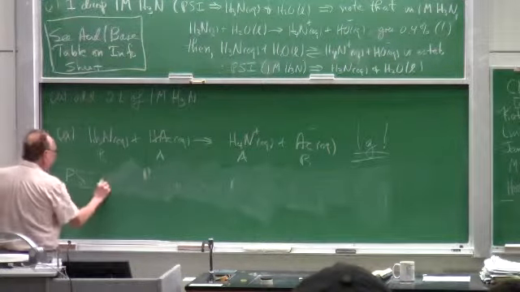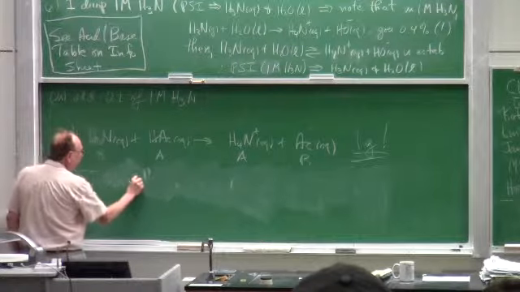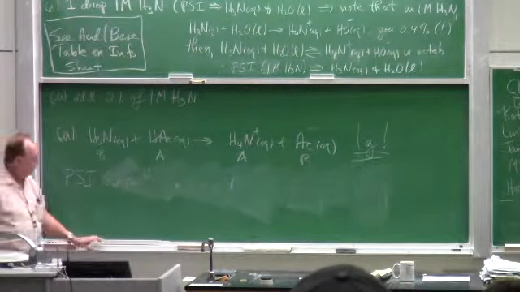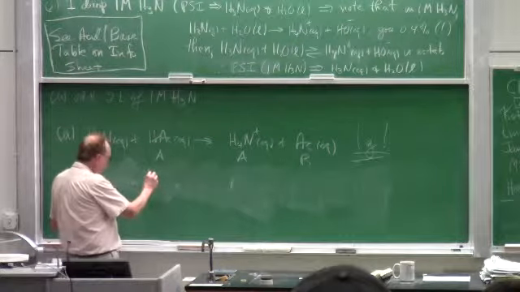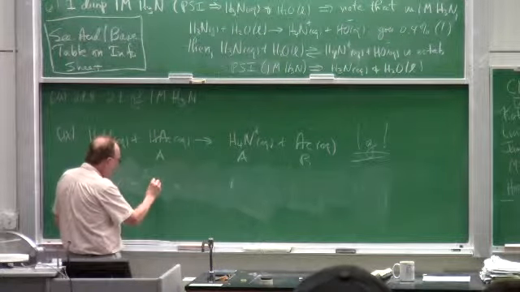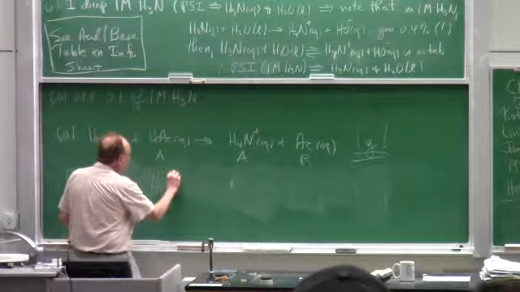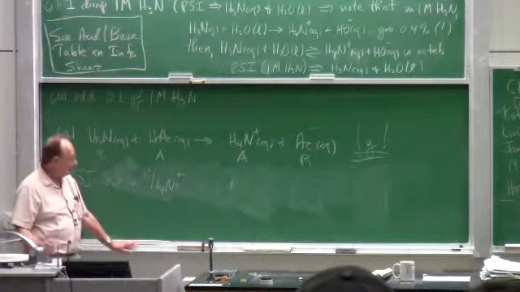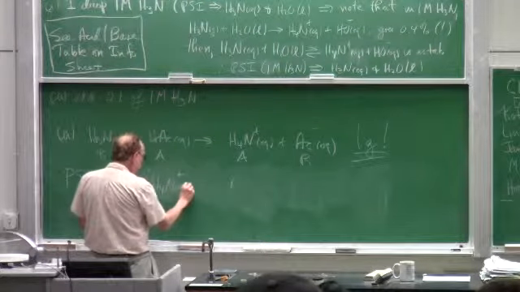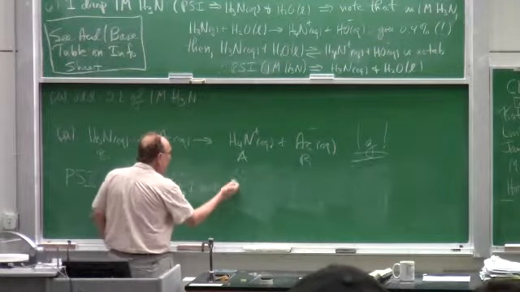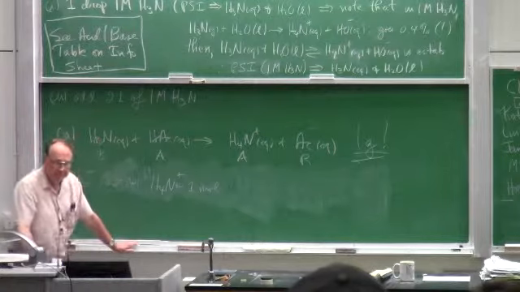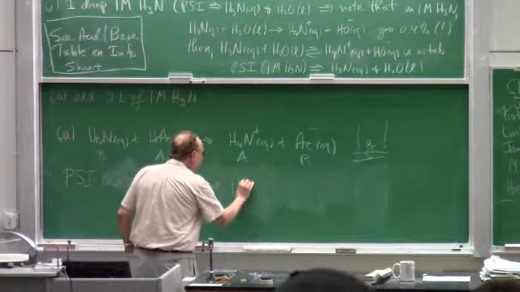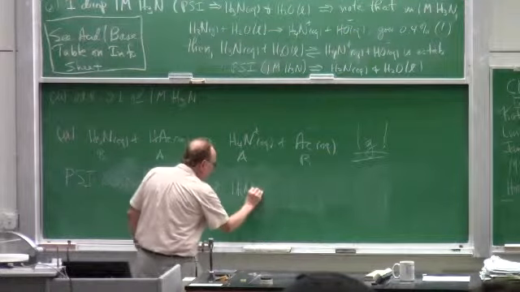PSI is now, you tell me, I'll write it down. Ammonium ion. Practically speaking, how much? 1 mole. Ammonium ion, about 1 mole. What else? Ammonia. Practically speaking, about how much? About 1 mole.